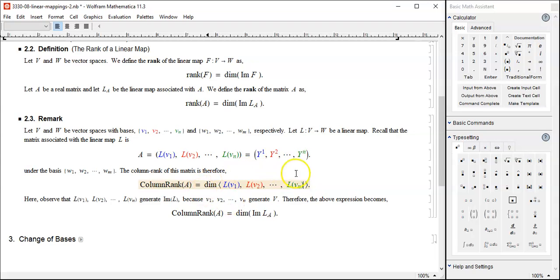And then the dimension of the image is nothing more than the rank here. And that thing is called the column rank because all these vectors are column vectors. So consequently, the column rank is equal to the dimension of the image of the linear map associated to the original matrix. So whether you look at it from the linear map's point of view or the matrix point of view, you get the same concept, the rank.